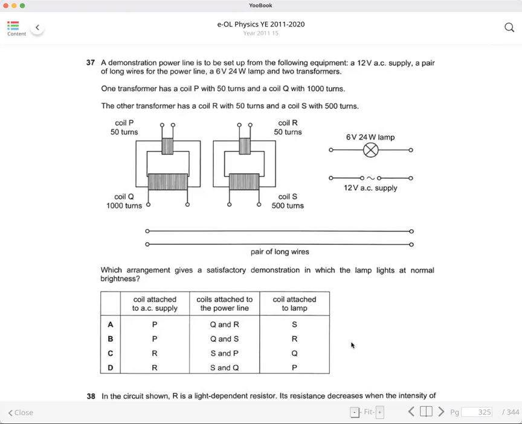Chelsea correct. Ryan incorrect. Try again.